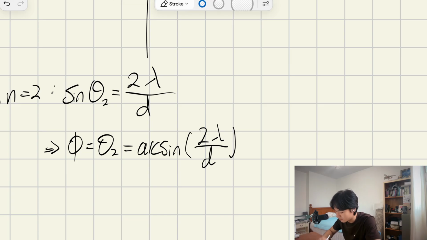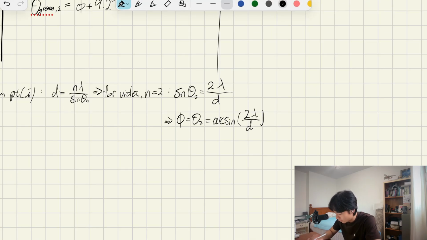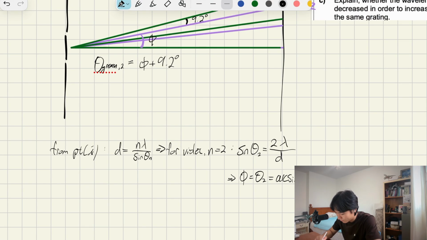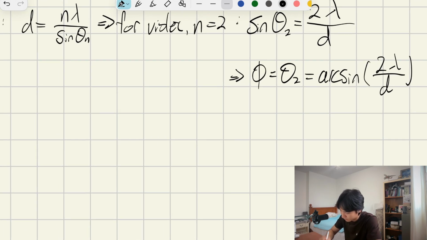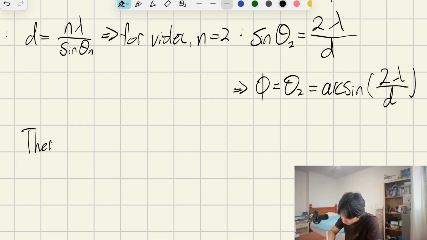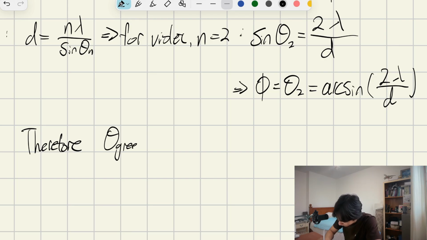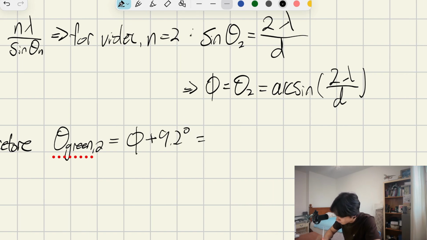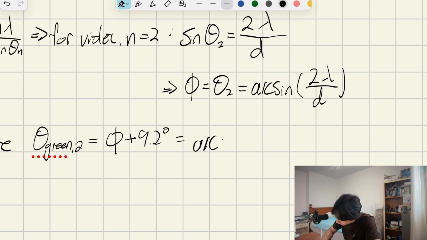so we can find the phi. And we can say, therefore, theta green for n is equal to 2 must equal phi plus 9.2 degrees, which is equal to arc sine of 2 lambda over d, plus 9.2 degrees here.